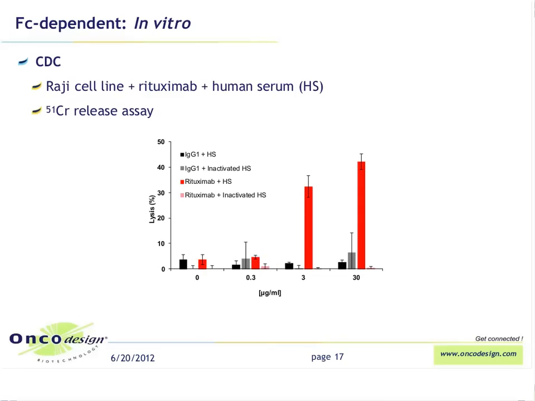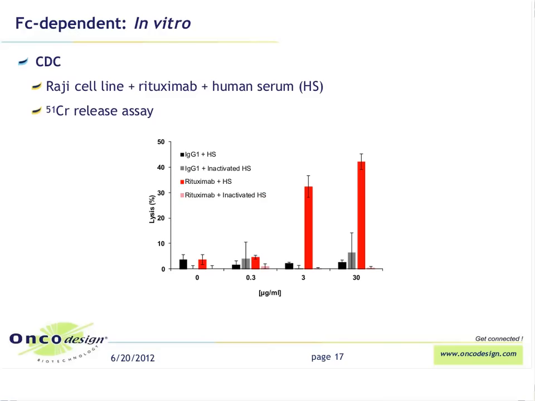In the figure here, you have three different types of control: an irrelevant antibody in presence of serum, an irrelevant antibody in presence of inactivated serum, and rituximab in the presence of inactivated serum.